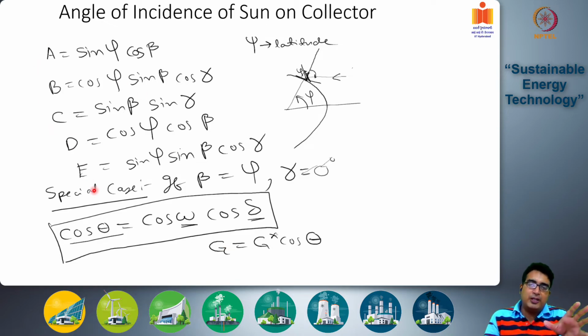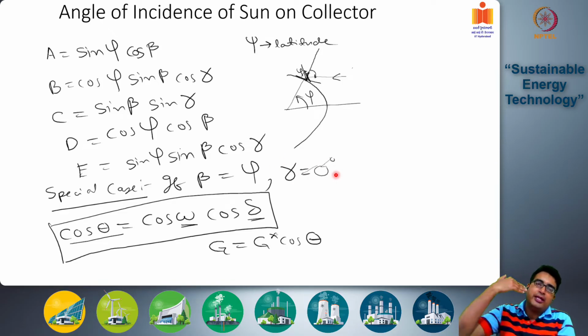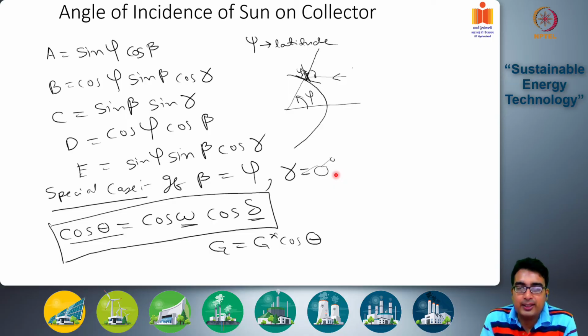Now suppose you have a special case when your angle of inclination of your collector is the same as your latitude angle. So here, this is how your collector looks like. This is your latitude angle at your location, and your collector angle is the same as the latitude angle at your location. And your gamma is 0. That is, your surface is oriented directly in the north-south direction. Then a lot of these values cancel out, and your cos theta just becomes cos of your hour angle and cos of your declination angle.